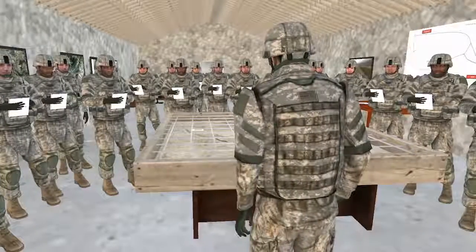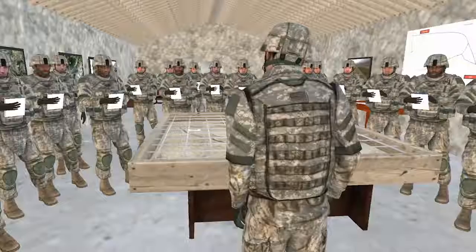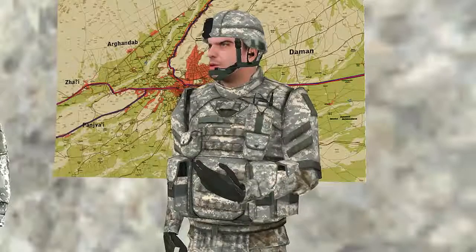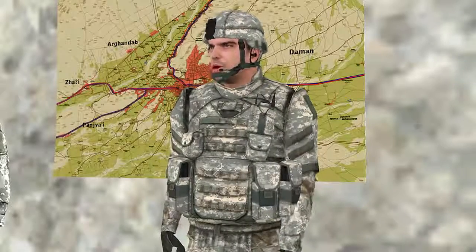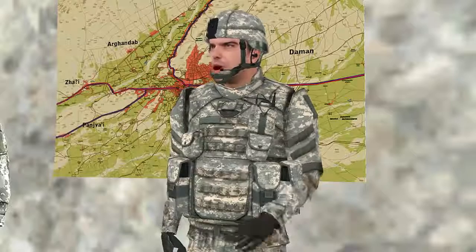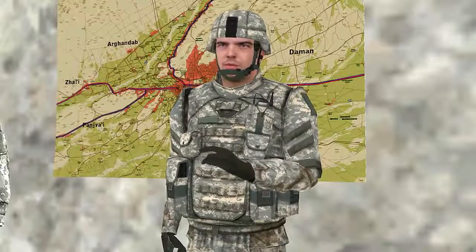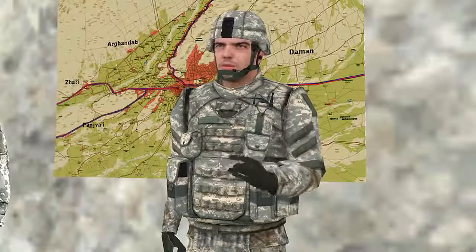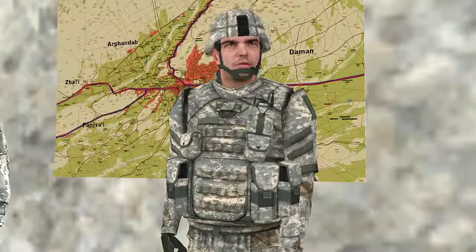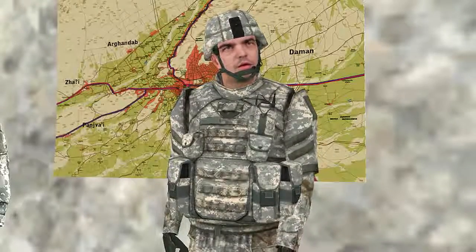Execution. We're going to do this with 6 MRAPs, 5 HETs, and 1 wrecker. We also have 3 M2s with 1 on our wrecker, 2 M240 Bravos, and 2 Mark 19s. We're going to have 8 20-foot containers of Class 9, so one of our HETs will be used as a bobtail.